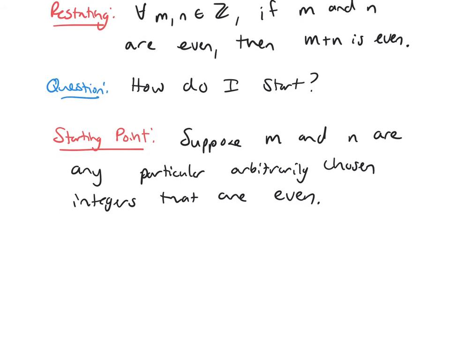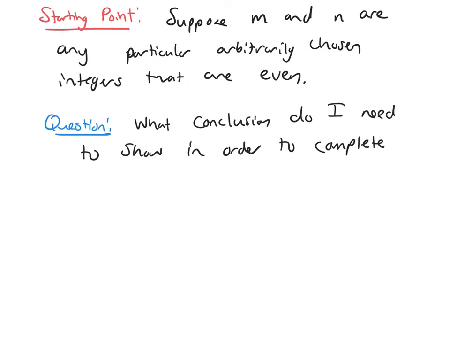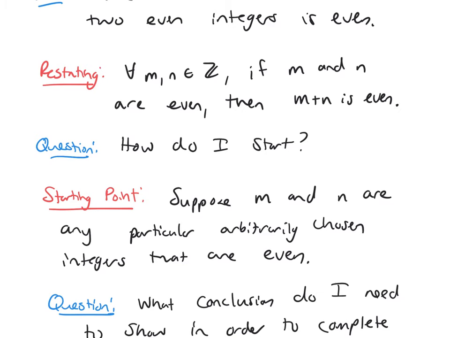So then, before we write the proof, we also need to ask, what's the end goal of our proof? So what conclusion do I need to show in order to complete the proof? So if we look at our statement in the end, I need to show that the sum is even.